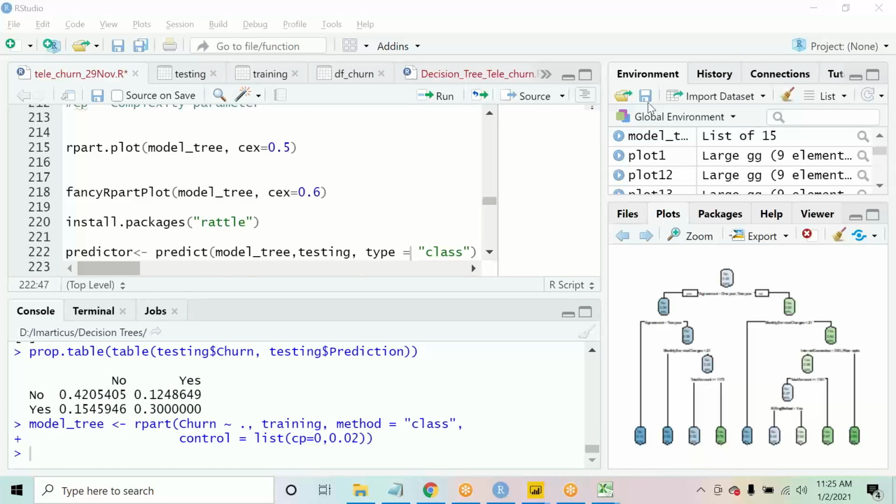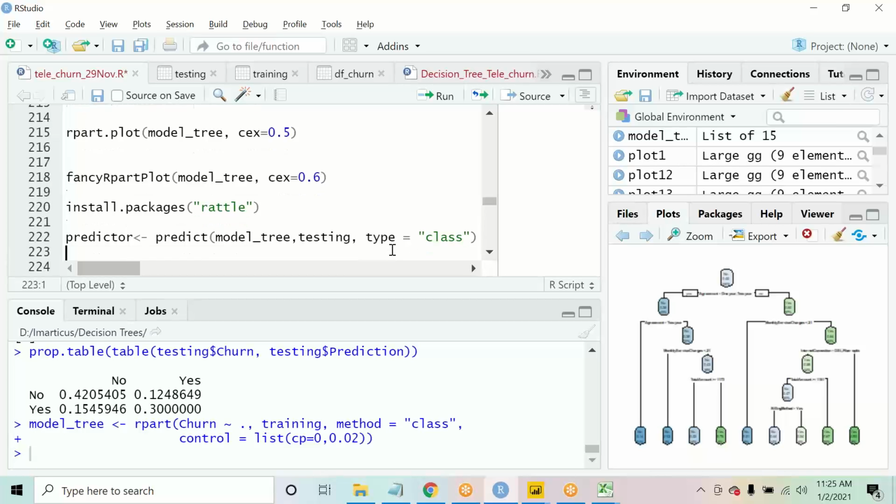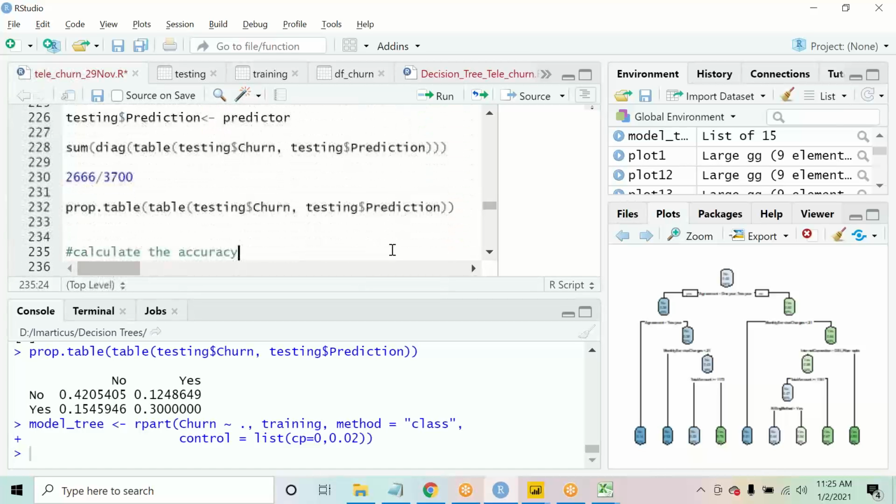Okay. So all of you, please create and calculate the accuracy and let me know if you are having any troubles in doing that.